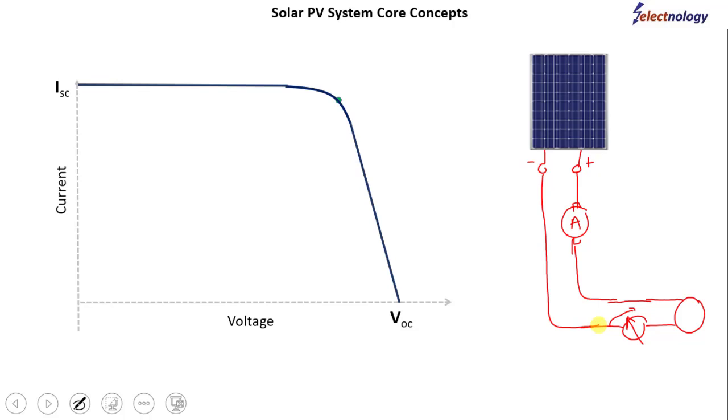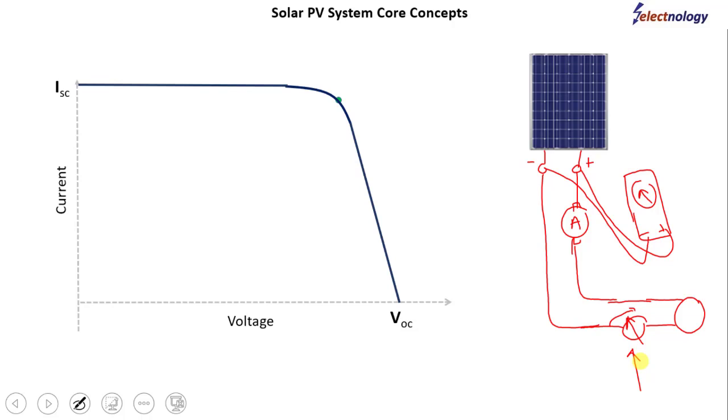At the same time, we are also measuring through a voltmeter the voltage across the terminals of the PV module. Let's connect over here and over this. Now we have a voltmeter and an ampere meter, measuring the voltage and current. What we will do is start rotating this knob towards the right side so that we can start supplying power to the bulb.